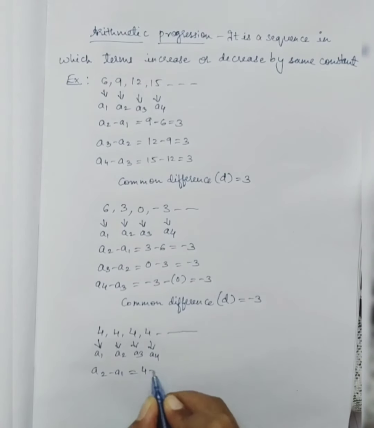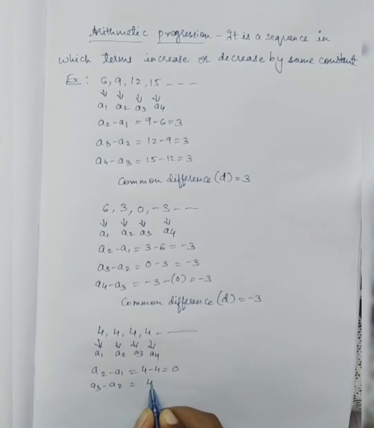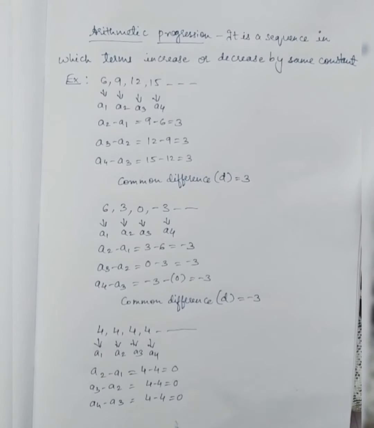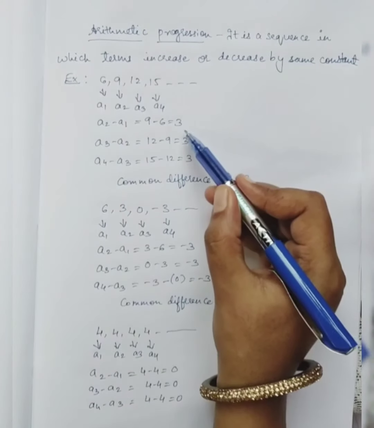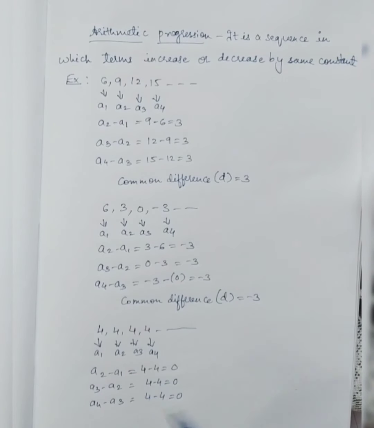A2 minus A1 is 4 minus 4, that is 0. A3 minus A2, that is again 4 minus 4, 0. A4 minus A3, that is again 4 minus 4, 0. So here the AP is 0. So arithmetic progression can be positive, negative and 0.